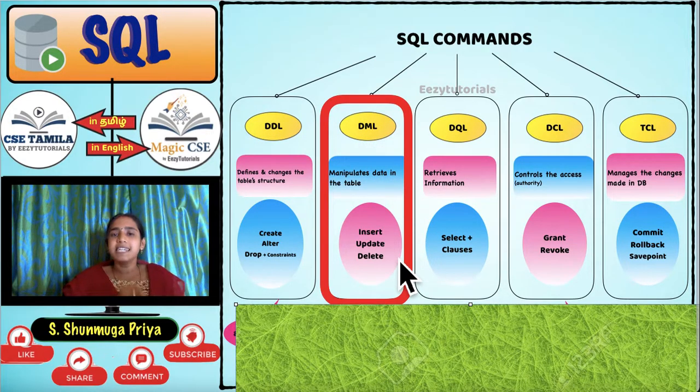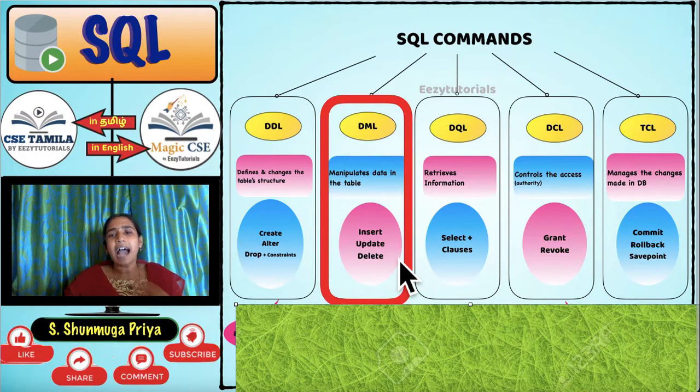So what is DML? DML is data manipulation language. It will help you to manipulate or handle the data present in the table. You are having a table. So you are having table header, that is the structure of the table. Inside that you are having some data content, no? How to insert it, how to change the inserted value, how to delete it.